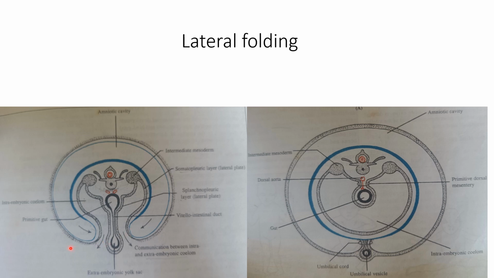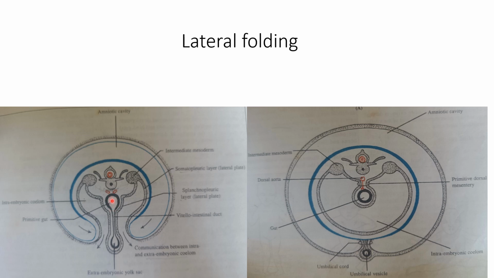Mainly the amnioectodermal junction will come to lie on the umbilical cord. So in the region of the umbilical cord, you have the amnioectodermal junction. Then the formation of the midgut is there. We know that the part of the yolk sac incorporated within the embryonic fold is forming the midgut.